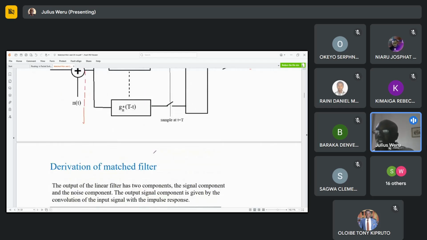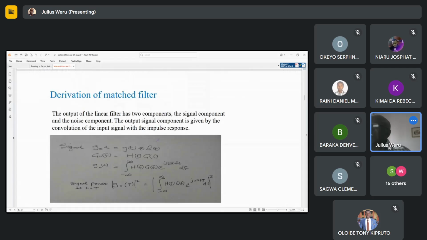So I hope we are together so far. What we are going to do is derive the matched filter, and we are going to use concepts you are hopefully familiar with. Some of it is what we just looked at the other day, and others I assume you must have come across in complex analysis. We're going to use the Cauchy-Riemann, not Cauchy-Riemann, Cauchy-Schwarz inequality for integrals.